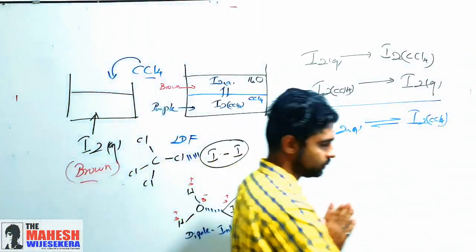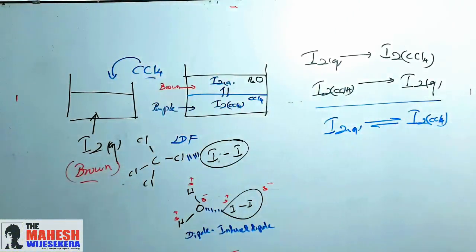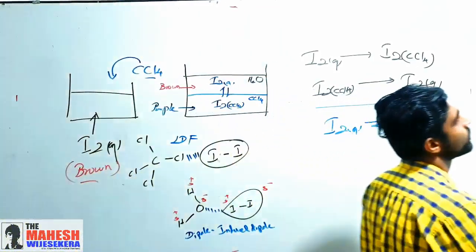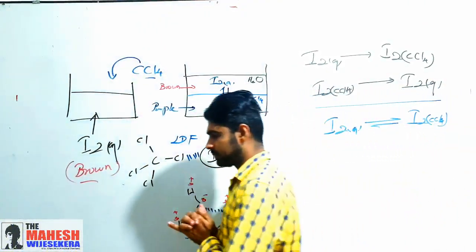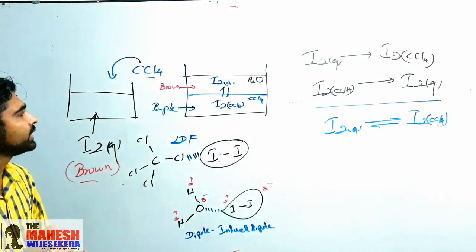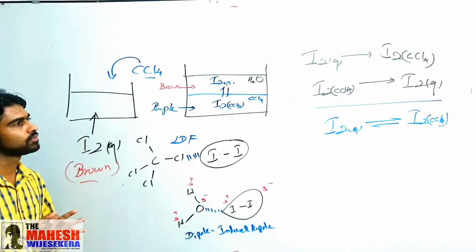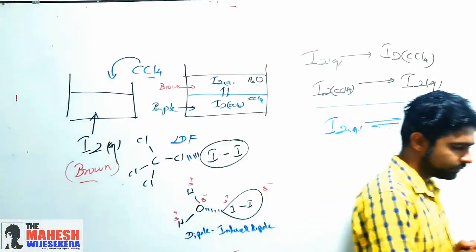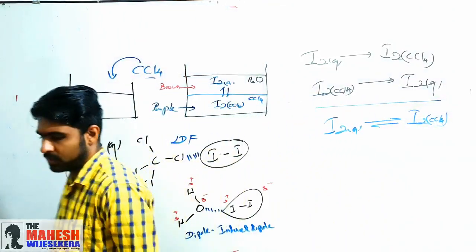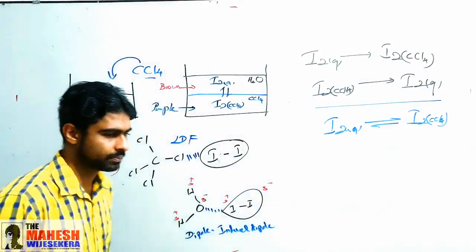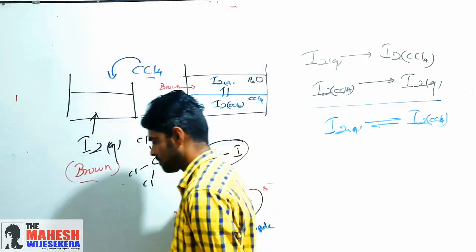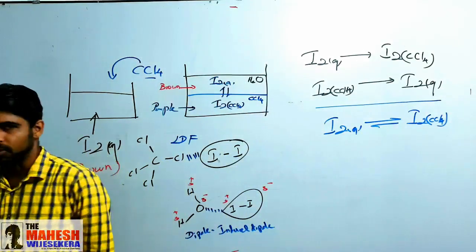When CCl4 is added into an aqueous solution of iodine, a homogeneous phase equilibrium system is produced.